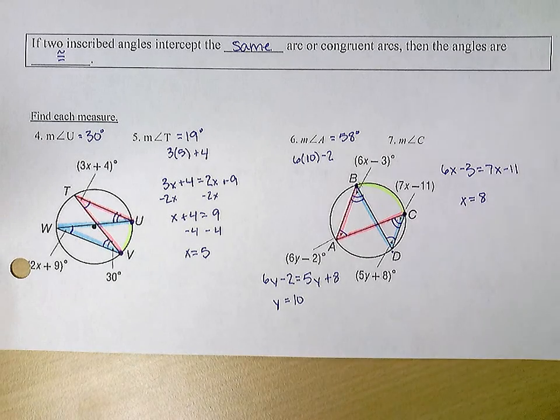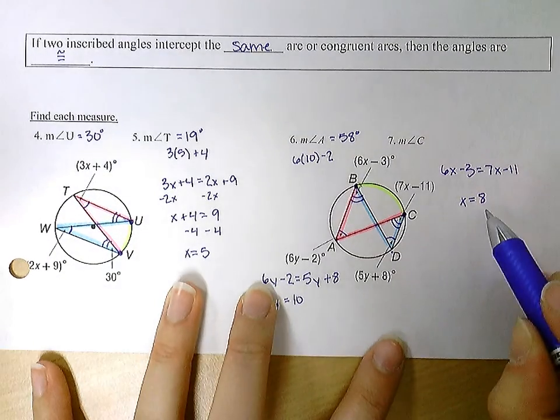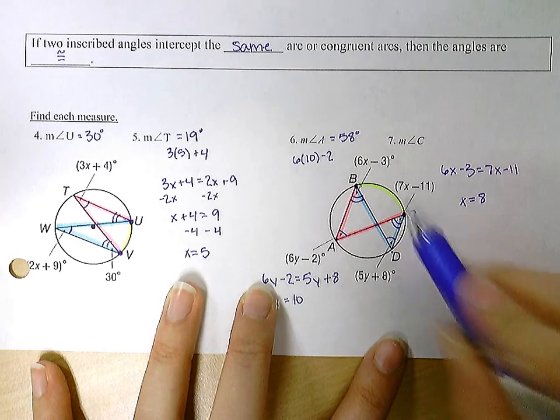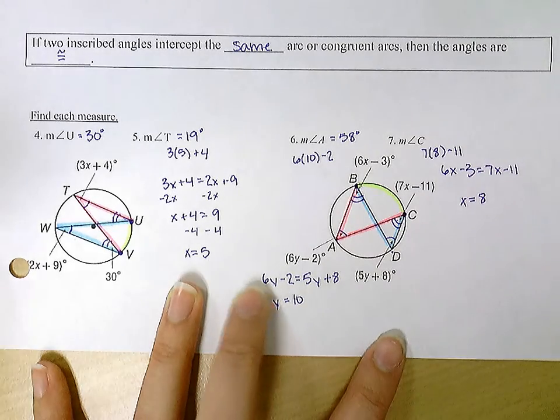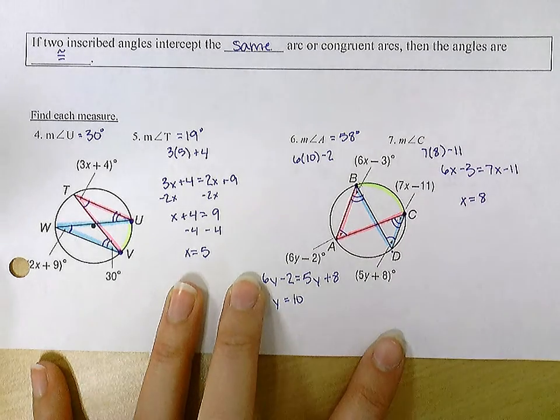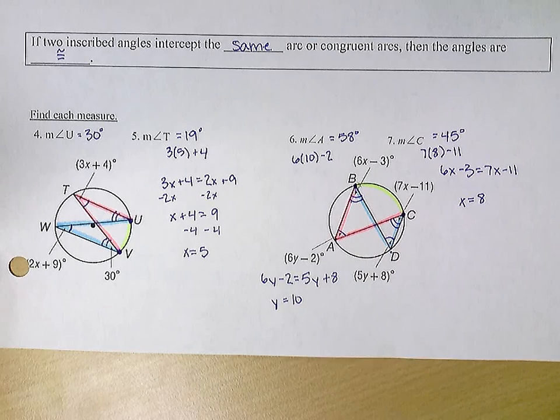And I subtract 6x and add 11 to both sides. Okay, then I can plug in 8 for x for angle C. So we have 7 times 8 minus 11. That is 45 degrees. Okay, so you want to pick out those two angles that intercept that same arc. Those two angles have to be congruent.